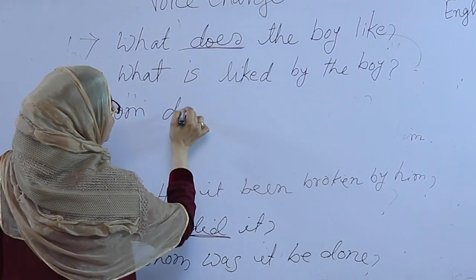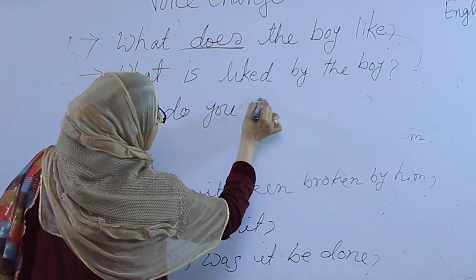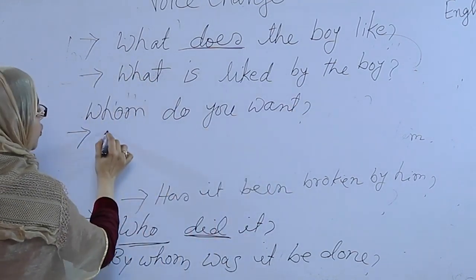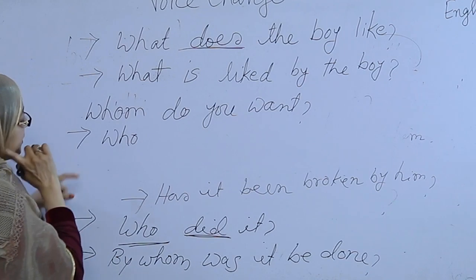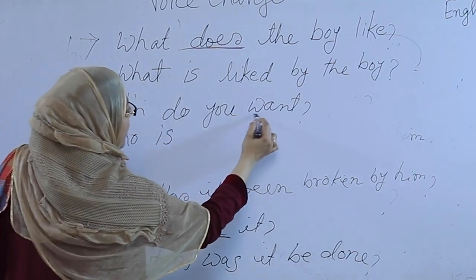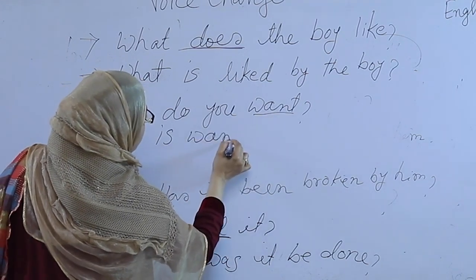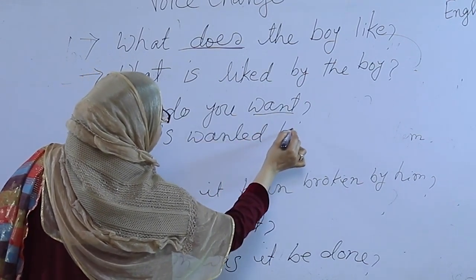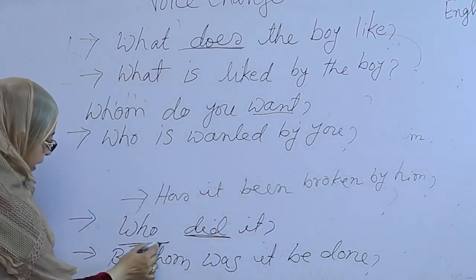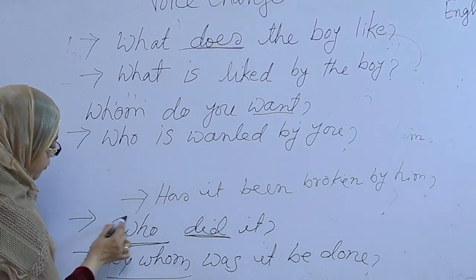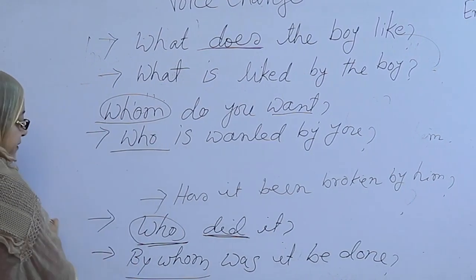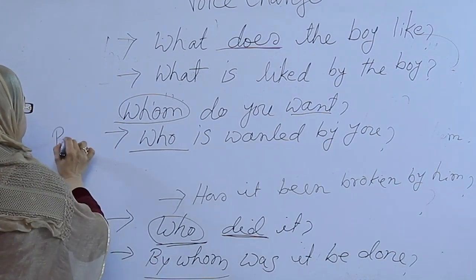Whom do you want? I use who when I turn it into passive. Who is wanted by you? So, look at the board. I use by whom instead of who, and who instead of whom, when I turn it into passive.